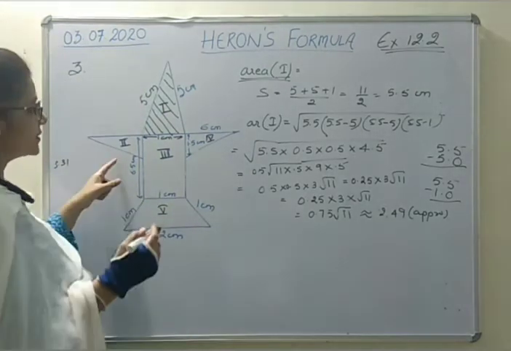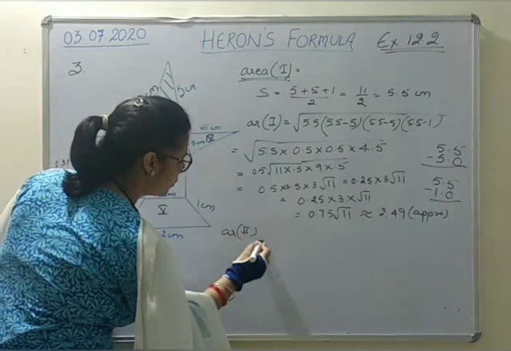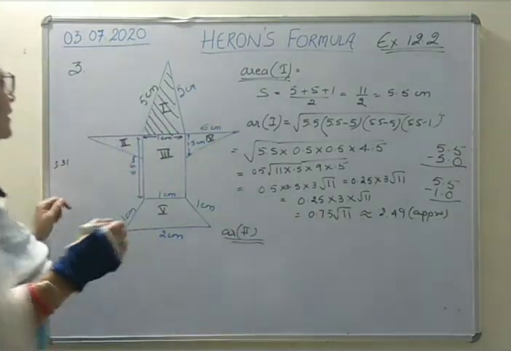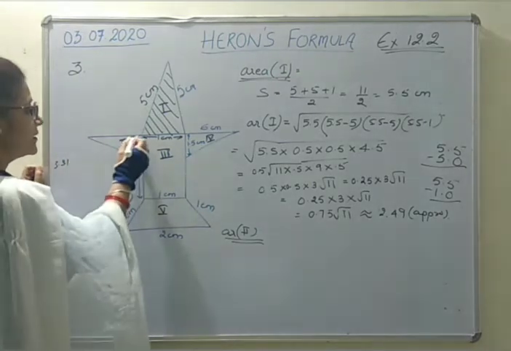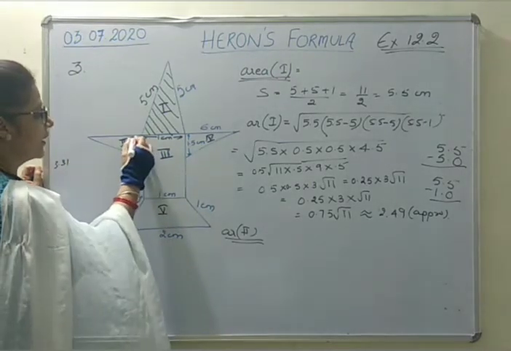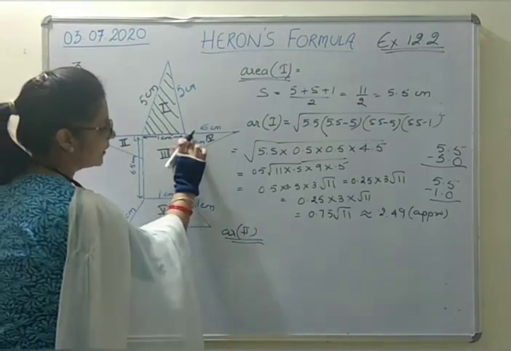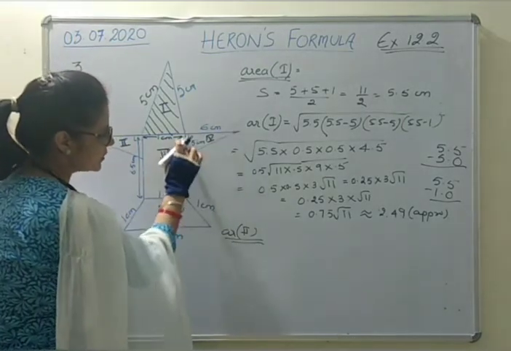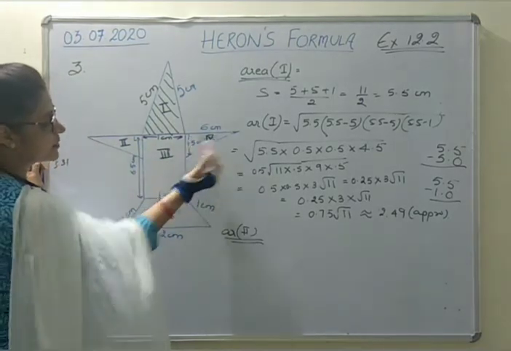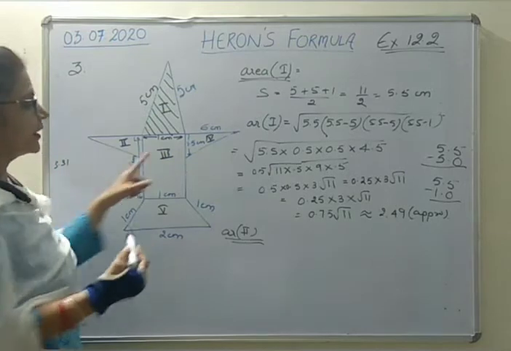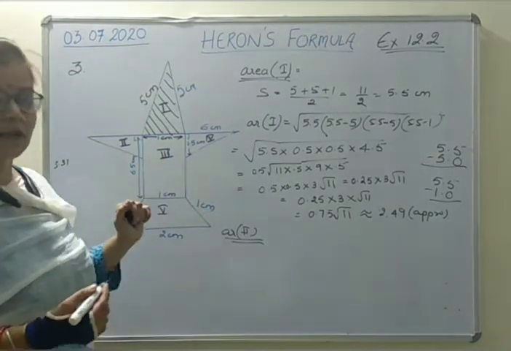Now what is the area of the second part? So area 2. What is this? This is a right triangle, right? This is a right triangle and see here, this is 6 and this portion is 1.5. So what is the area of the triangle? Half base into height.